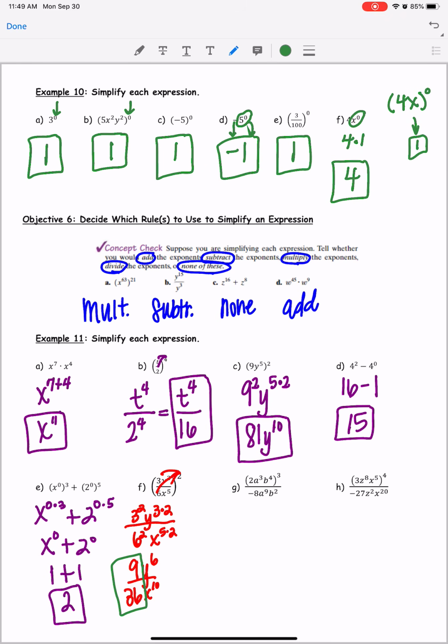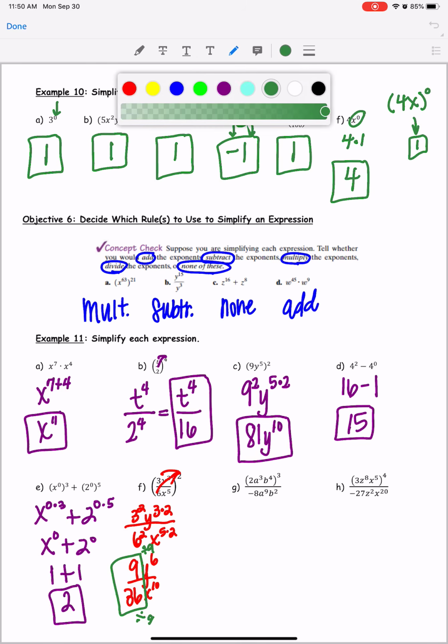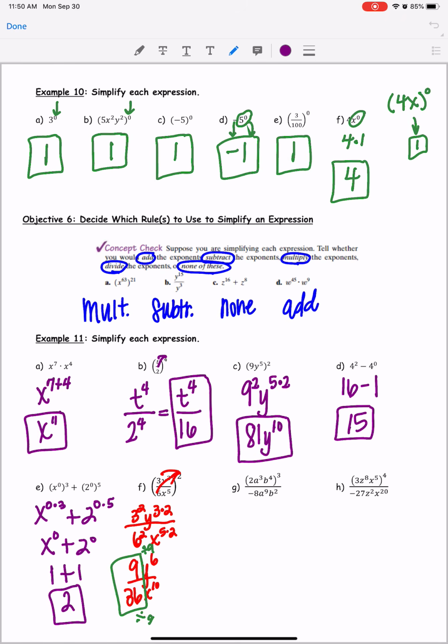So 9 and 36 are both divisible by 9. So I need to divide the top and the bottom by 9. So 9 divided by 9 is 1.